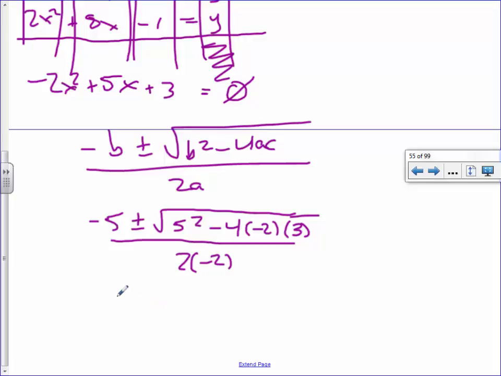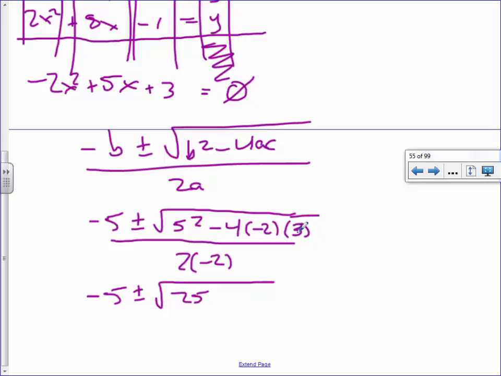Okay, we got a little bit of work to do here. I'm going to simplify this because it's kind of gross right now. What's 5 squared? 25, right? Okay, I need a negative 4 times a negative 2 times a 3. A negative 4 times a negative 2 makes it a positive number, right?